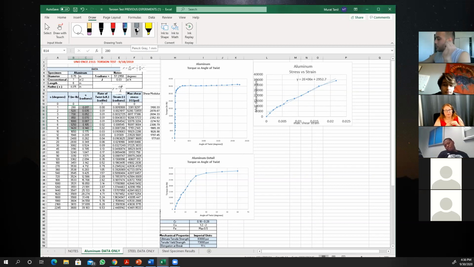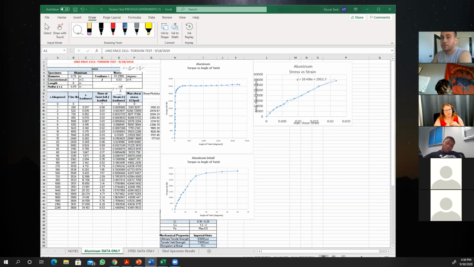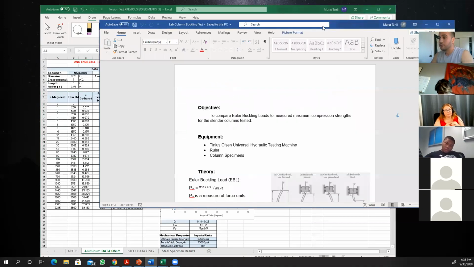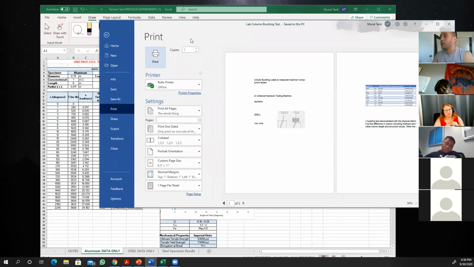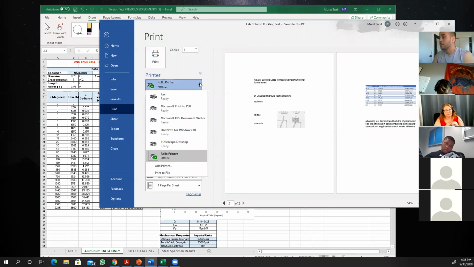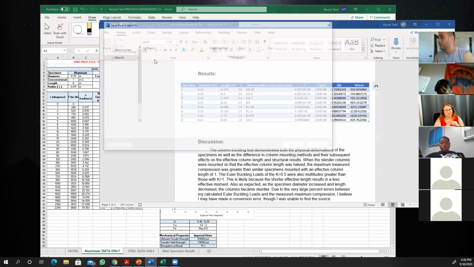We're gonna make it like we did the tensile. You have your Excel spreadsheet, right? You're gonna copy and paste whatever the results, tables and graphs to your Word file. Then you're gonna come to your Word file, click on print, Microsoft Print to PDF, print it.